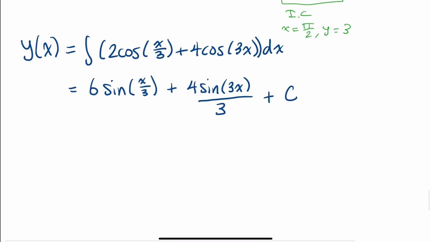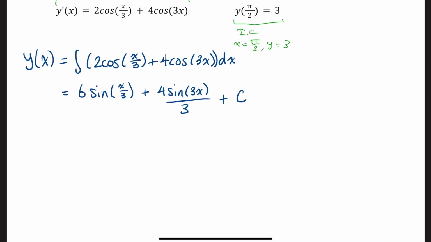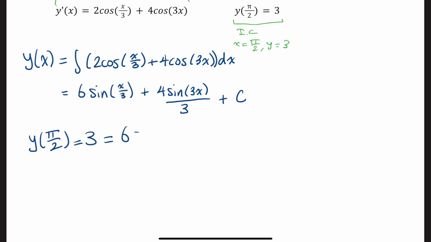We can now go ahead and sub in x equals pi over 2. And so pi over 2 divided by 3 is the same thing as saying pi over 2 multiplied by 1 over 3.